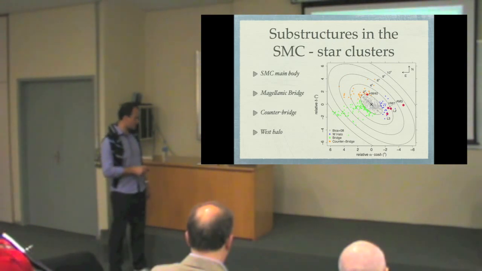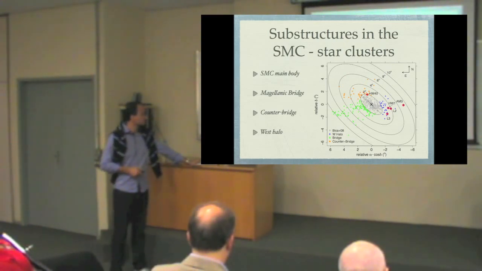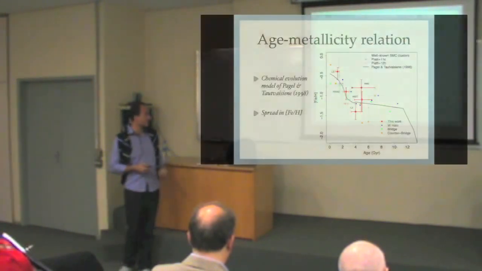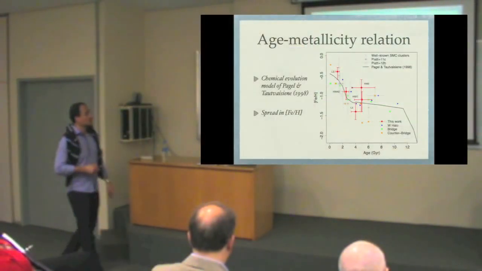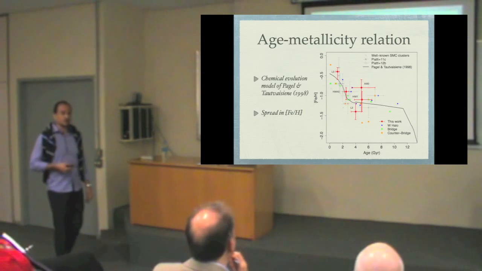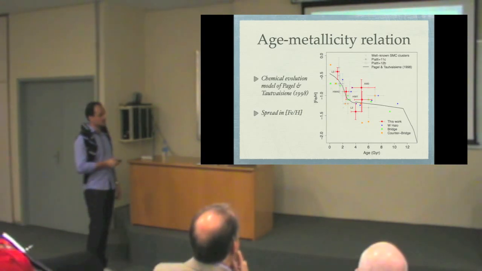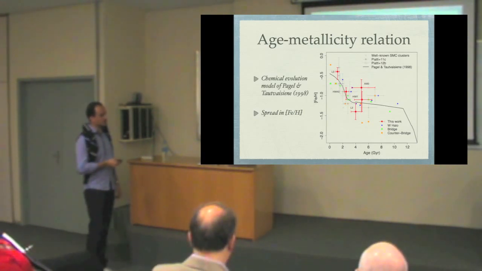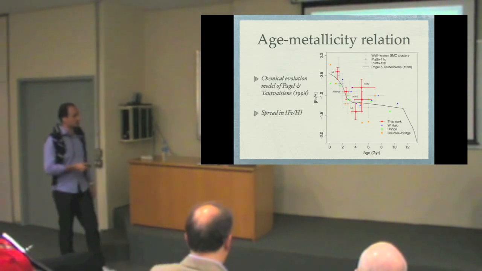But looking specifically at these ones, the first thing is to analyze if all clusters follow the same chemical enrichment pattern. All clusters here are from the same Small Magellanic Cloud.